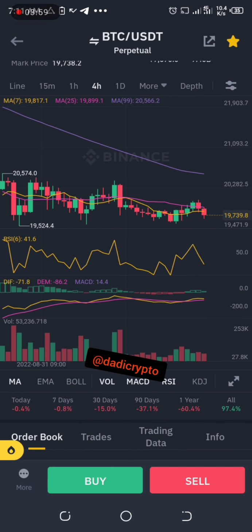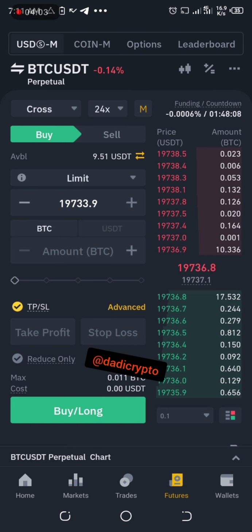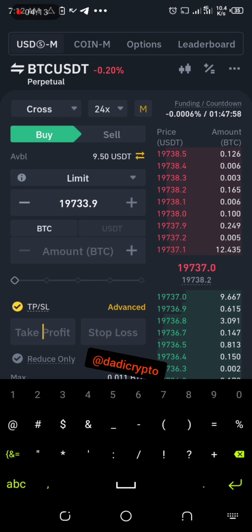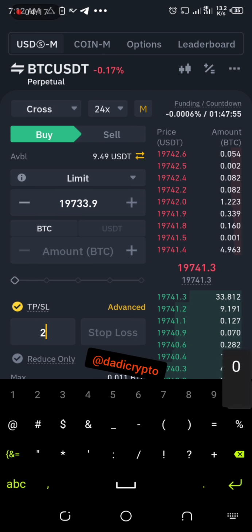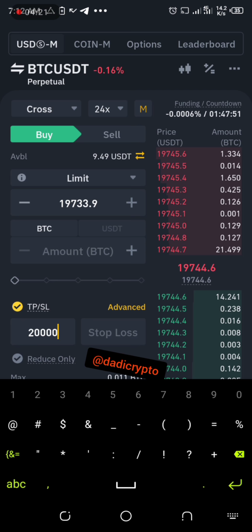So what you are going to do is press buy. Then the price is 19,733, and you predict the price is going to go to $20,000. You put your take profit at $20,000, where you predict the price is going to go.